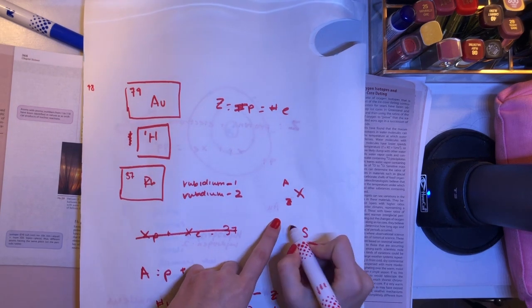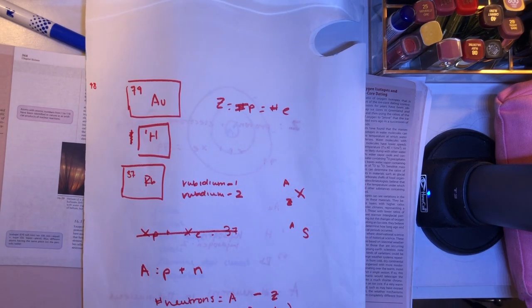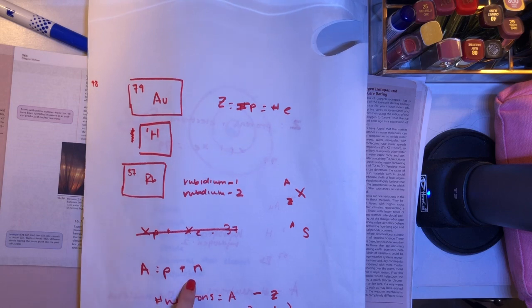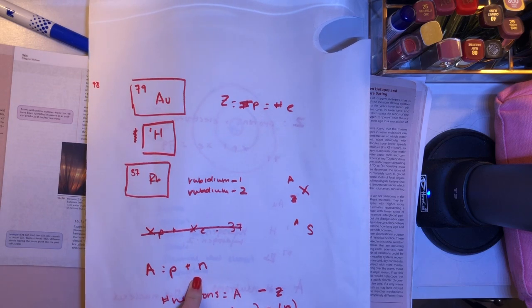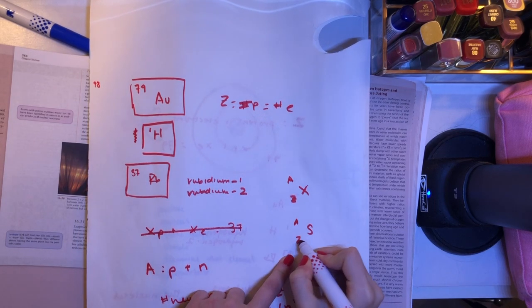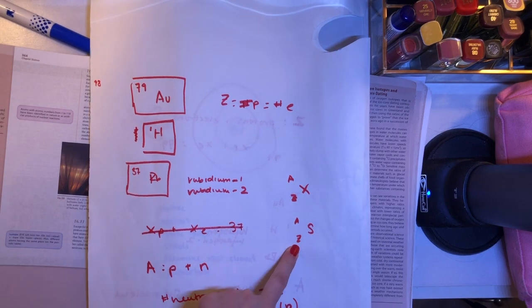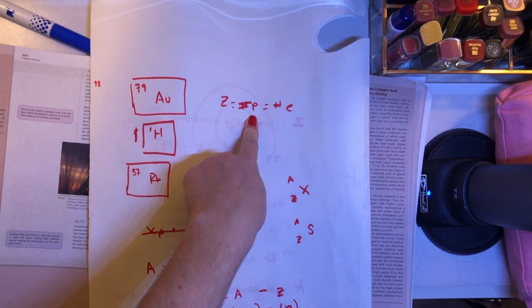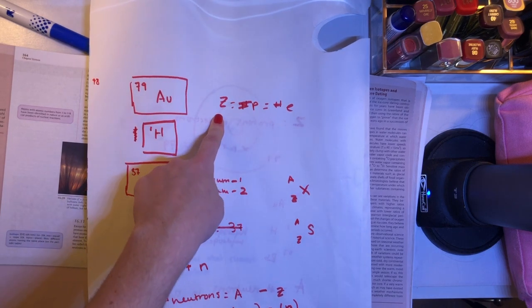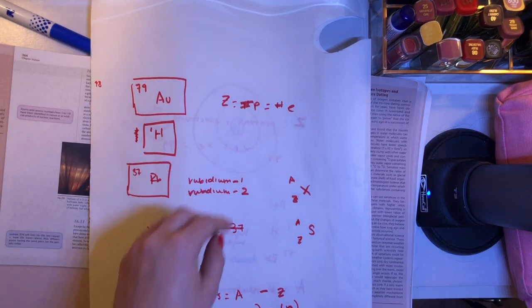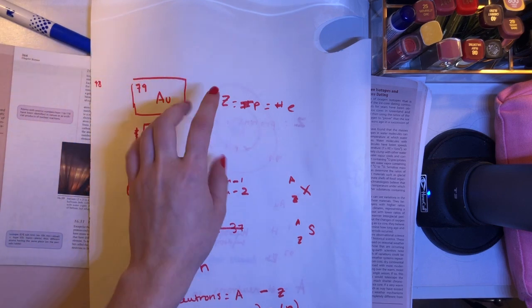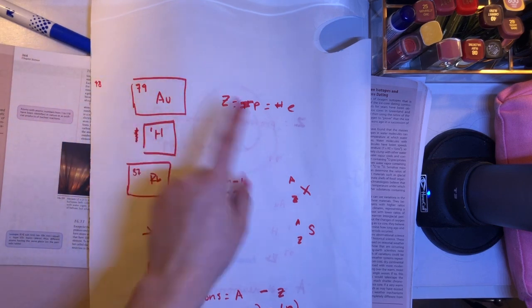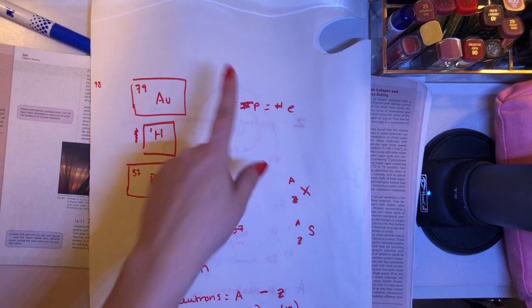In the top left corner you have the mass number, which again is the sum of the protons and neutrons in the nucleus, and on the bottom left corner you have the atomic number, which is the number of protons in the nucleus, which we said in order to have a neutral atom of that element, the number of electrons is equal to the number of protons.